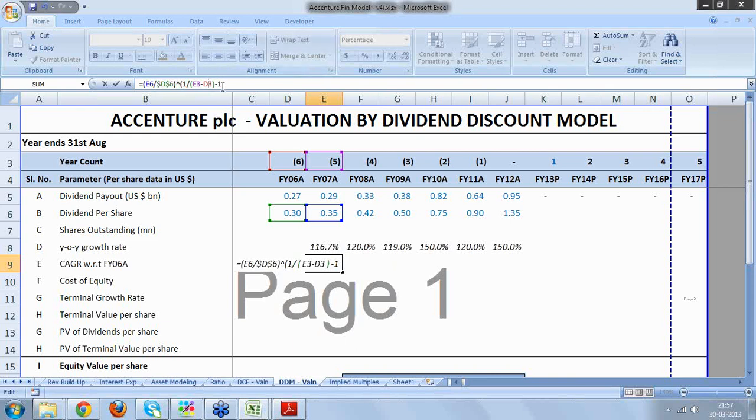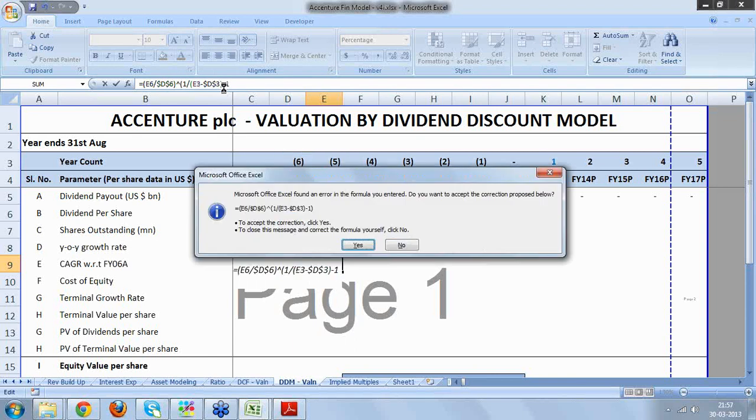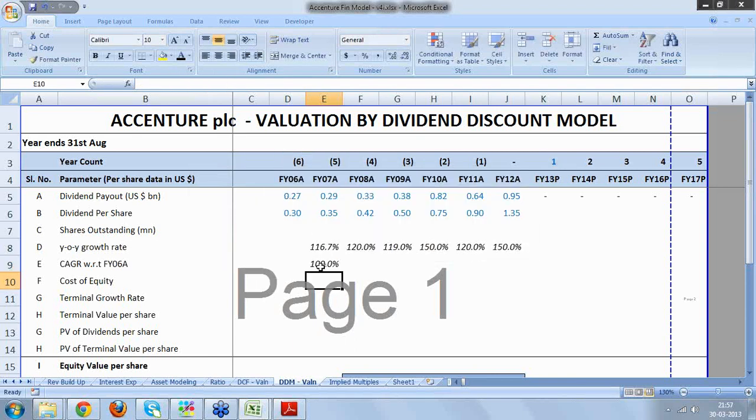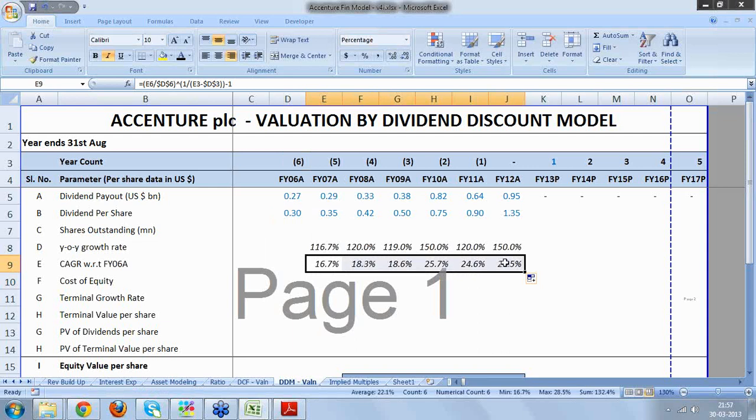Similarly, D3, the year number for FY6, is going to remain constant. So I say enter. Raised to the power 1 by this. There is some error in the formula, I rectify that, and then I drag it.